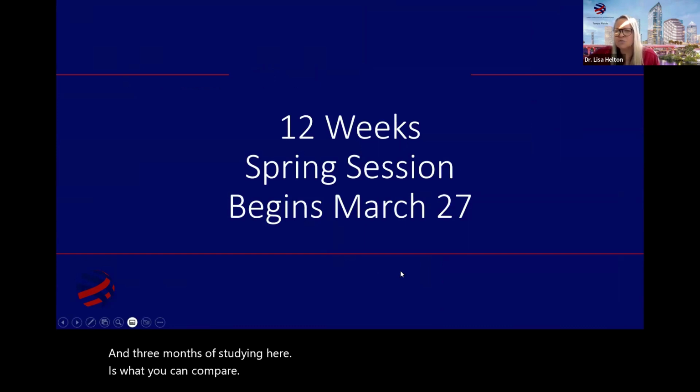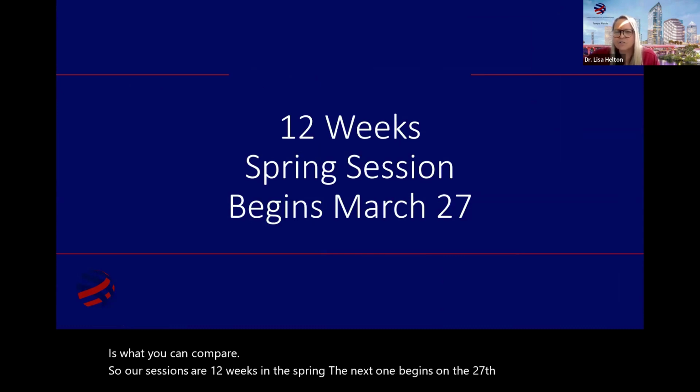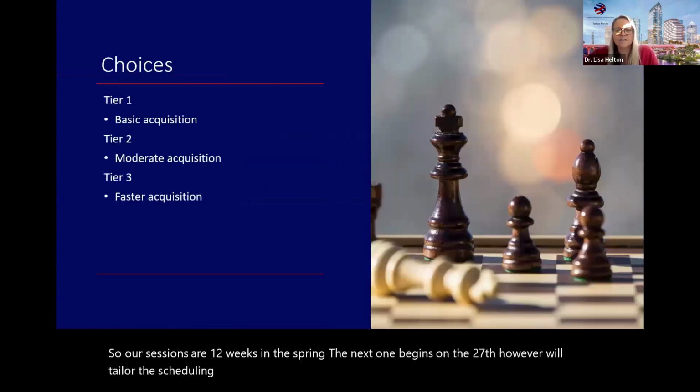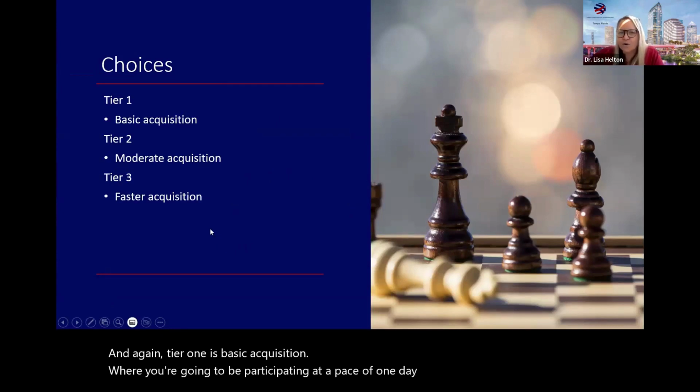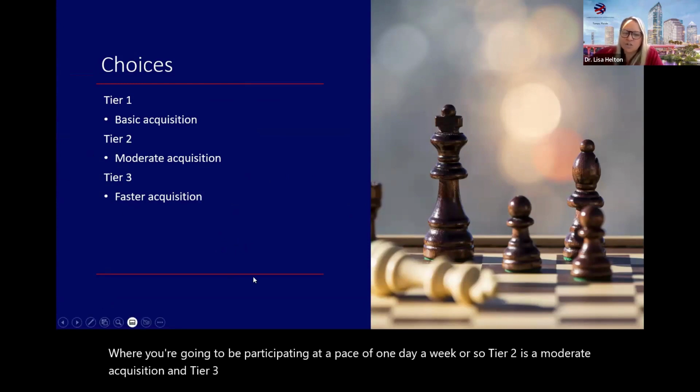So our sessions are 12 weeks in the spring. The next one begins on the 27th. However, we'll tailor the scheduling for your groups. And again, tier 1 is basic acquisition, where you're going to be participating at a pace of 1 day a week or so. Tier 2 is a moderate acquisition, and tier 3 is faster acquisition.